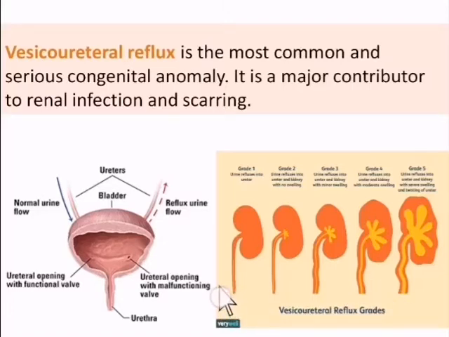And the grade starts with grade 1 in which the urine reflux up into the ureter, and grade 5 in which there is severe dilatation of the pelvic calyceal system with dilatation and tortuosity of the ureter. طبعا أنا أسوي الجريدينج حتى أشوف الابروتش اوف مانجمنت، هل هي تشمل لايف ستايل تشينج or trial of medical treatment, or we should approach the patient with a surgical correction of the malfunctioned valve.